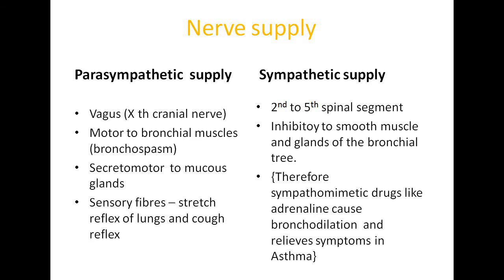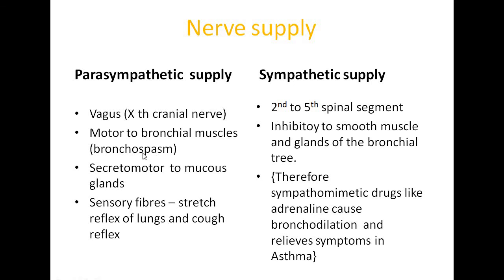Now parasympathetic nerves, when stimulated, are motor to the bronchial muscle. That means there will be muscle spasm, bronchospasm, so the lumen will be narrowed. They are also secretomotor to the glands, that means the secretions will be increased. And the sensory fibers, when stimulated, result in stretch reflex and cough reflex.